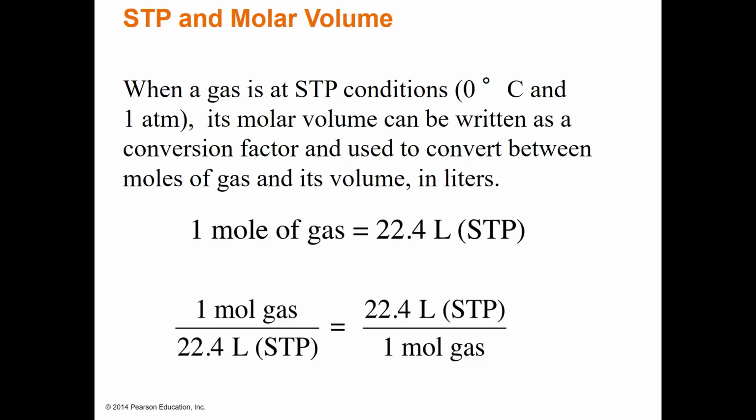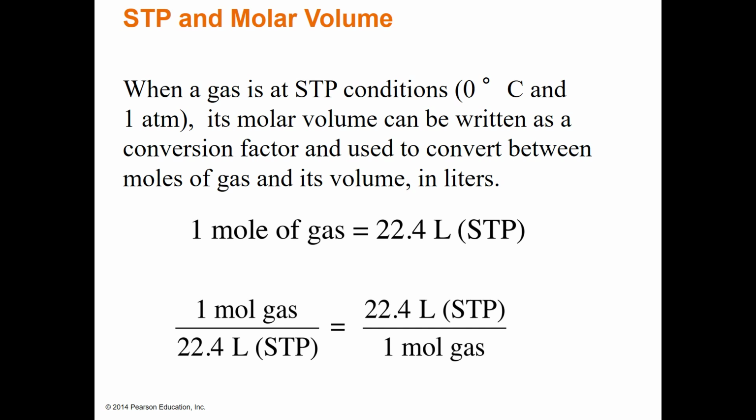So if the gas was at STP and you had half a mole of any gas, then it would occupy half this volume. If you had 2 moles of a gas, and the conditions were standard temperature and pressure, then it would occupy 22.4 liters times 2. Does that make sense? Okay.